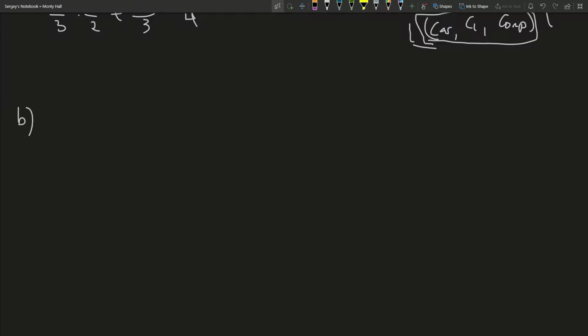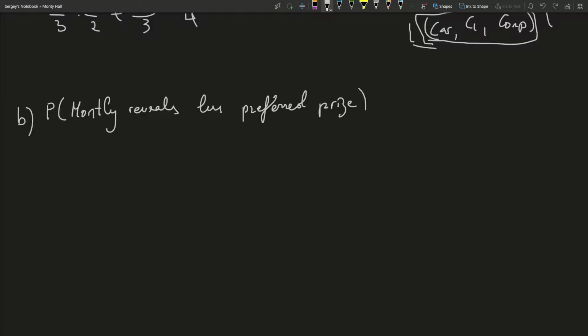In part B, we're now told that Monty reveals our less preferred prize with probability p. So the probability that Monty reveals the less preferred prize is p.